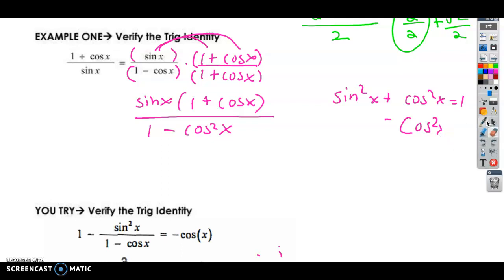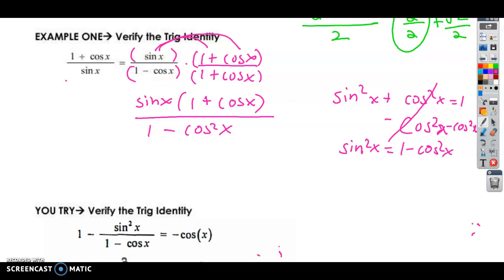If I subtract cosine squared from both sides, what happens is we end up getting sine squared equals 1 minus cosine squared. I showed you that in the last video. So I can substitute in sine squared for 1 minus cosine squared. So I'm going to go ahead and do that because that's closer to the denominator that I need.